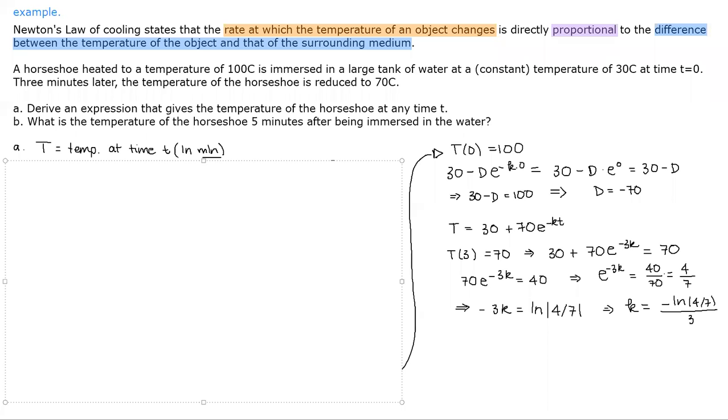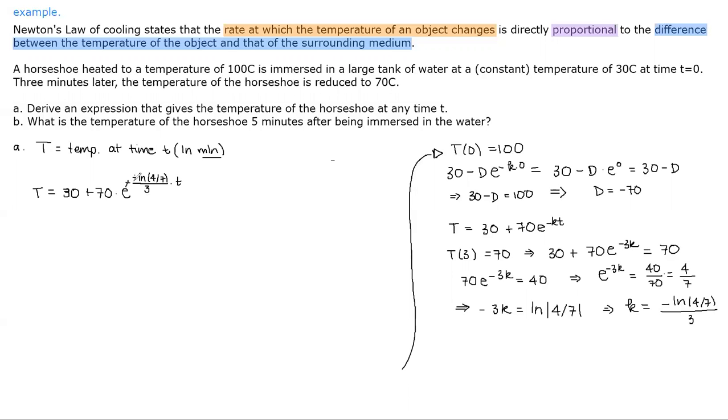Because I know that my expression is of the form 30 plus 70 times e to the power of minus kt, so this is e to the power of minus k, which is minus times minus ln of 4/7 divided by 3 times t.